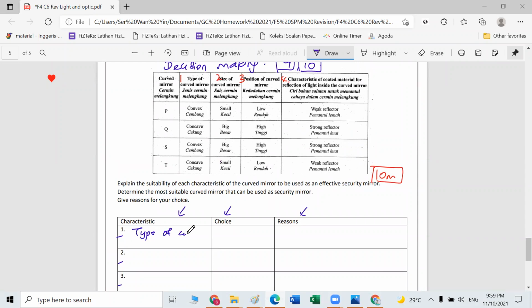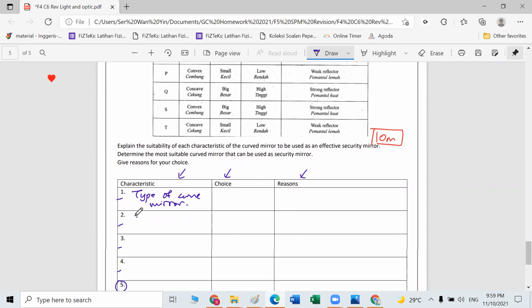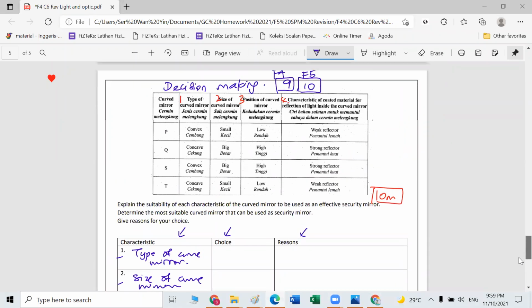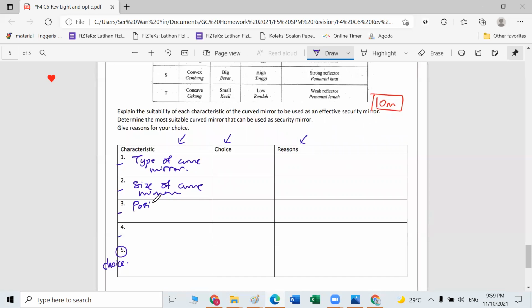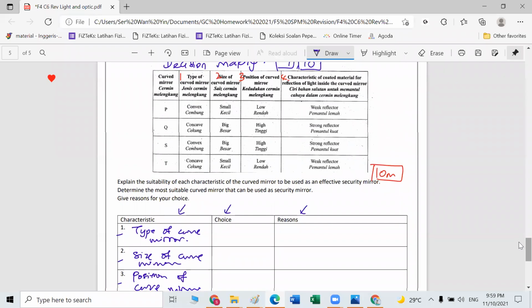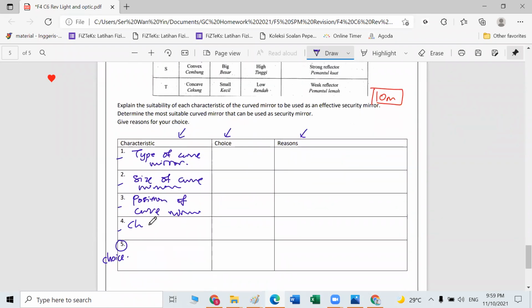And remember, follow the sequence. Size of curved mirror. Position of curved mirror. And characteristic of coated material for reflection. Or you just write characteristic of coated material enough.